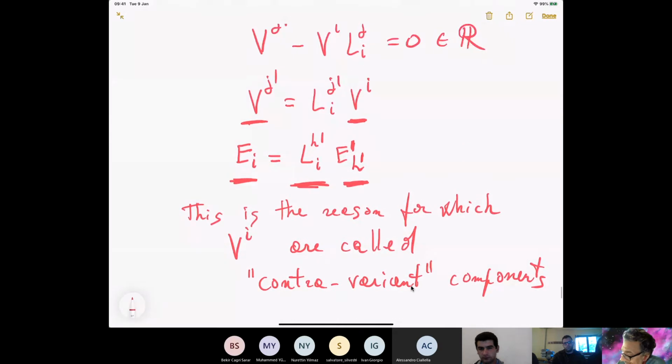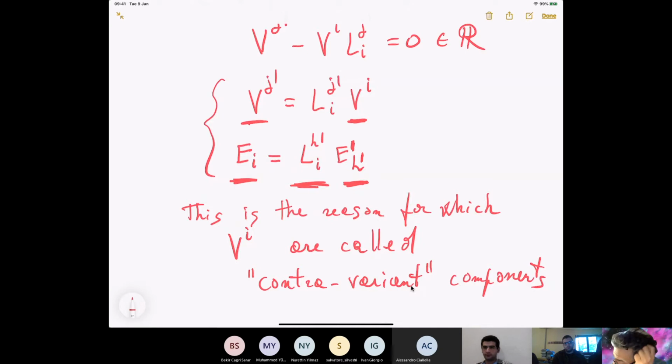Because they vary with the inverse matrix when you compare the transformation rules of the basis.